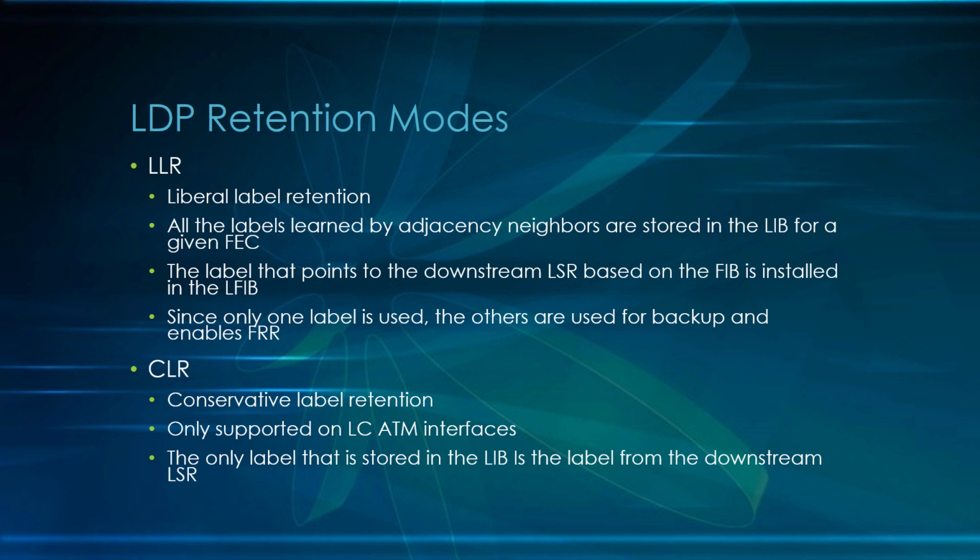Conservative label retention, or CLR, is only supported on label controlled ATM interfaces, and only the label from the downstream LSR is stored in the LIB. So just like downstream on demand, this is what labels you actually maintain.